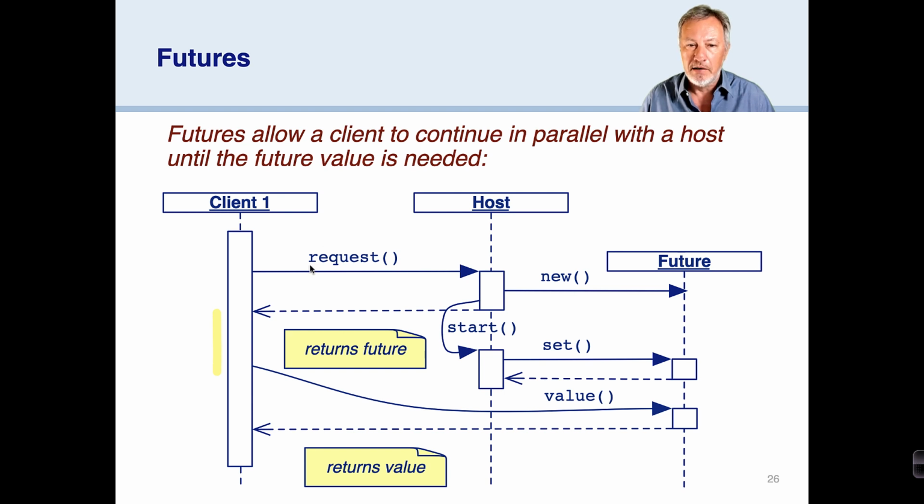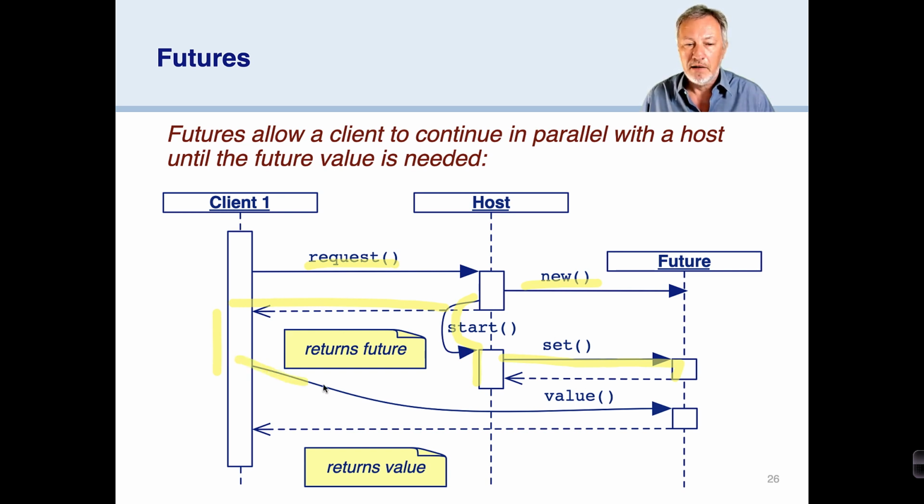So here the client issues a request to the host, which creates a new future and returns it to the client. Then the host can continue executing, and at some point the host will produce the value that is needed in the future, and the future at that point will get initialized with the value that the client is waiting for.